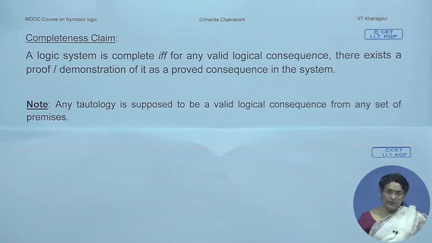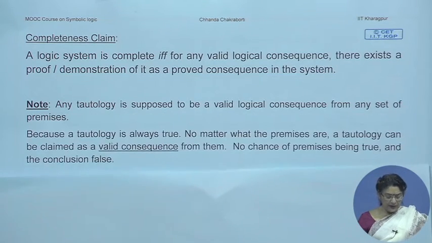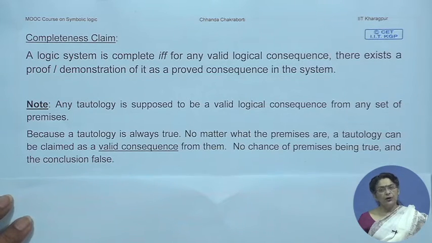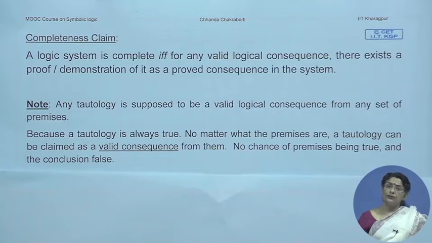But wait, first let us take it in that a tautology is a valid logical consequence of any set of premises. In a trivial manner, a tautology always follows as a valid consequence, no matter what the premises are. Why is that? Because a tautology is always true. So it does not matter what premises you have and what their truth values are.